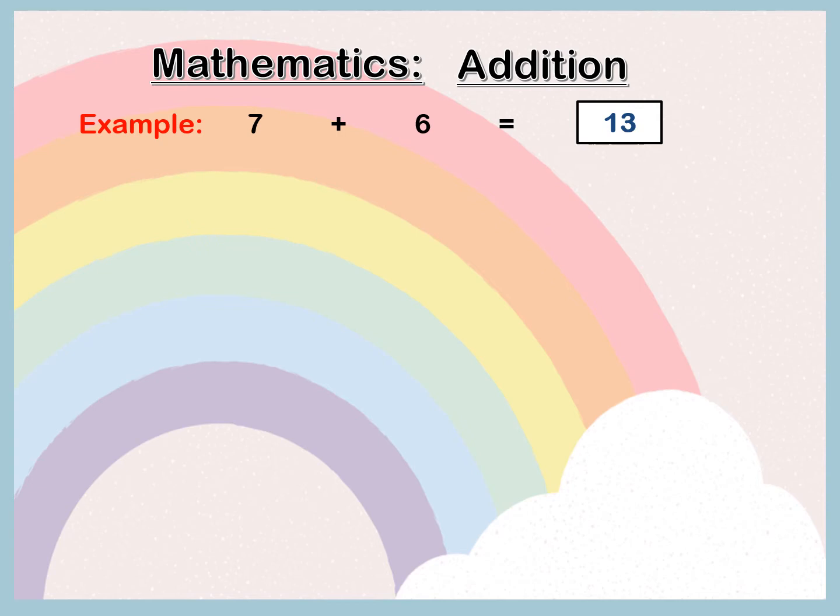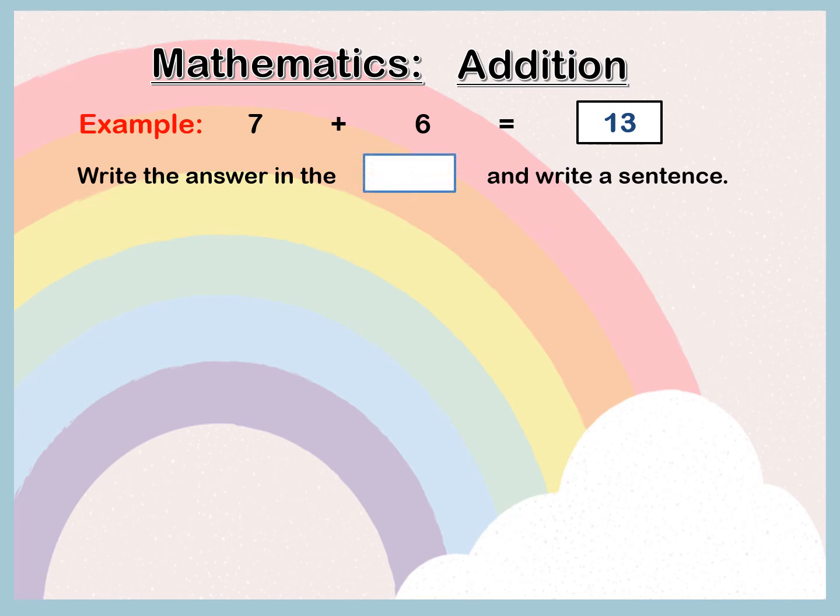So I'm going to give you an exercise, and you will be the one to add the numbers. Okay? So write the answer in the box and write a sentence. So what you're going to do is you're going to add the numbers, and after that, you are going to make a sentence. Okay?